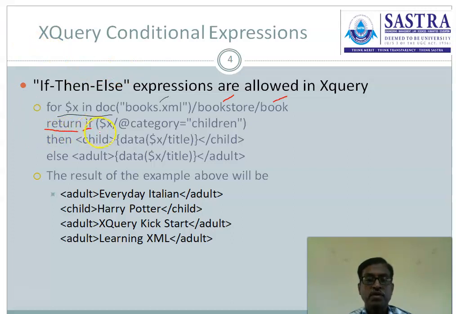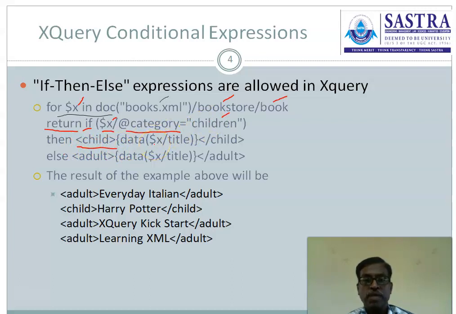If $x slash at category equal to children. This is the attribute we are going to use for the condition. $x is our own variable, declared in the for loop, and that should be referred to here. If the category is children, then those books are displayed using the child tag.